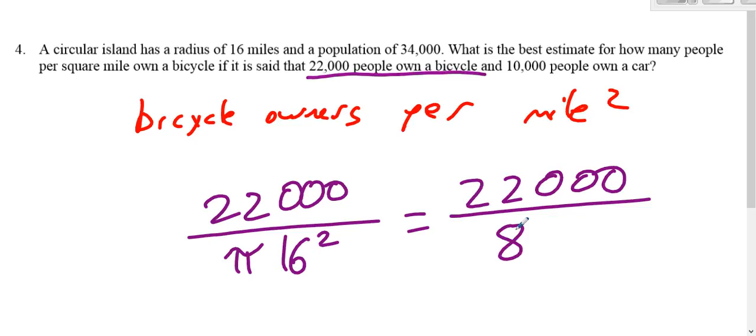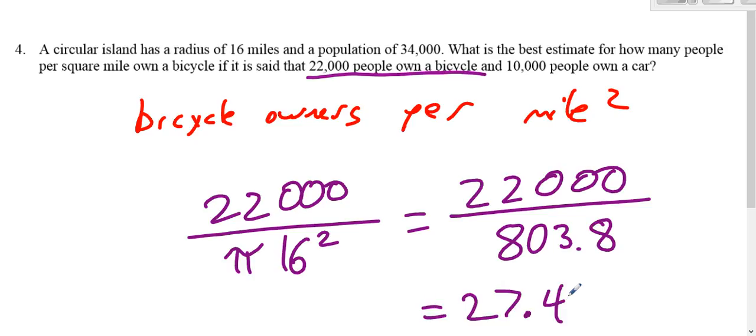So 16 squared is 256, times pi is about 803.8. And then when we divide, you get about 27.4. And then our units for that, we already wrote right here, 27.4 bicycle owners per square mile.